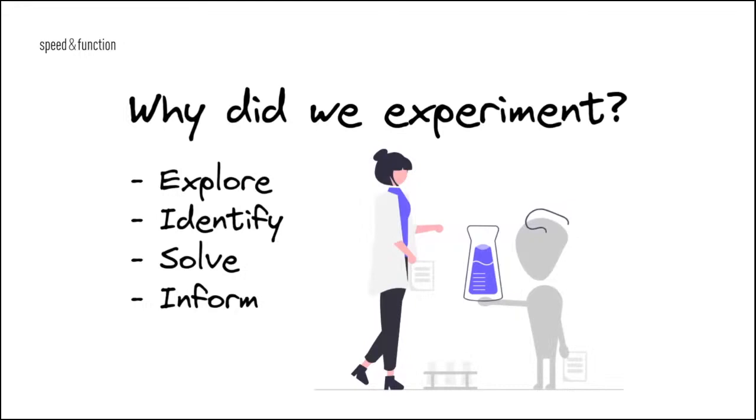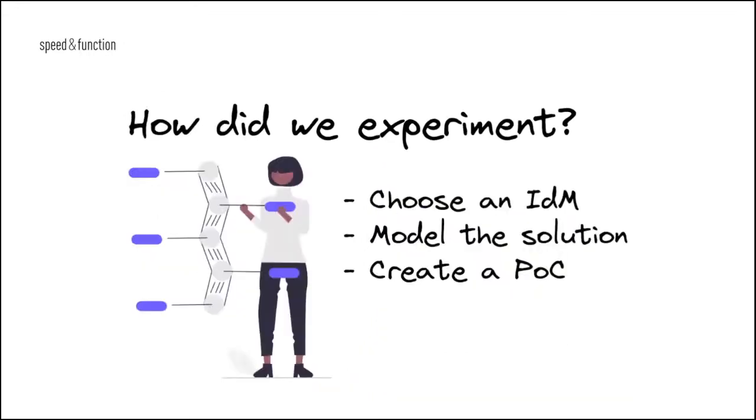Okay, so I set the stage a little bit on why and what, and now we come to how. And about how, it's a pretty basic way. What we decided to do is that first we would go in and choose an IDM solution.